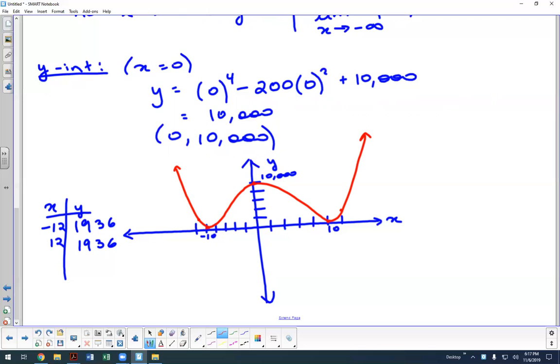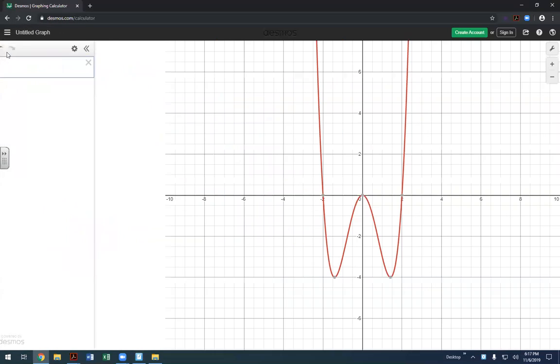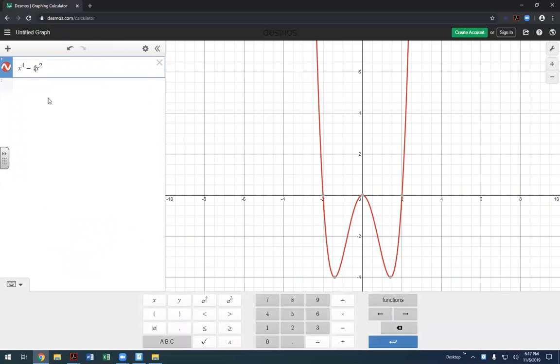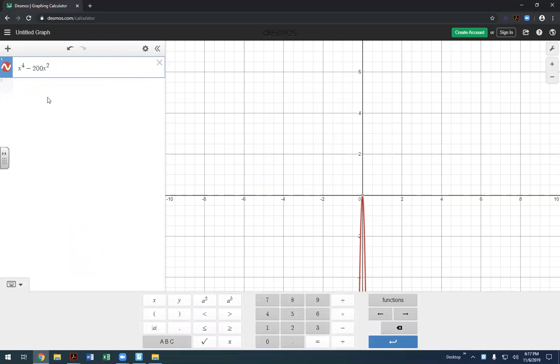Actually I made that scale too big and that's why my graph is coming out looking like that. But just to show you, if we tried just using our little Desmos calculator here, we've got x to the 4th minus 200x squared plus 10,000.